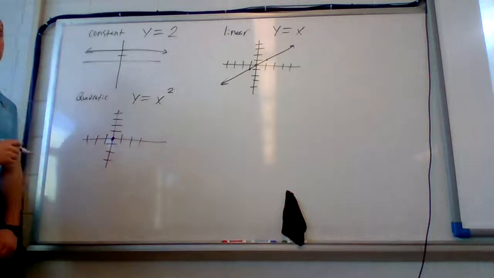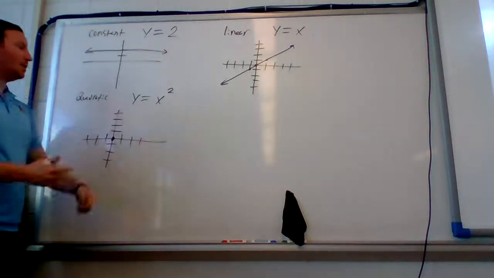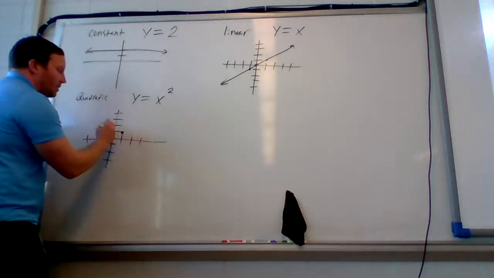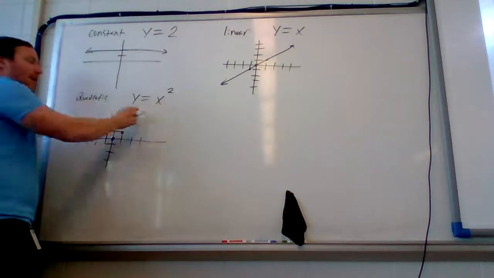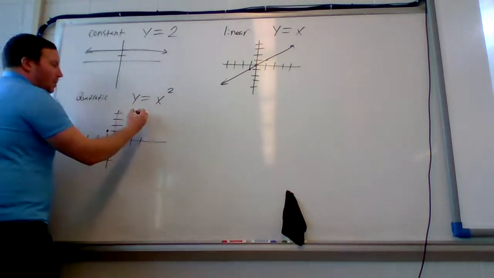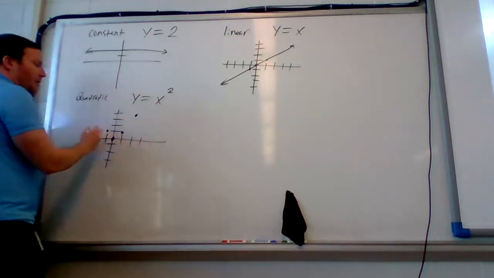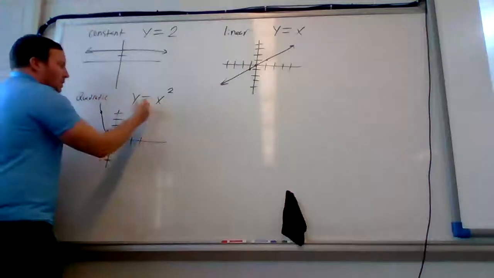So I'm at 0, 0, the origin. If I plug in 1, well, 1 squared is 1, so I'm still at 1 on the y. Same thing with negative 1. If I plug it in, I get a positive 1. If I plug in 2, I'm going to get 4. If I plug in negative 2, I'm going to get positive 4. So this is that U shape that we've been working with.